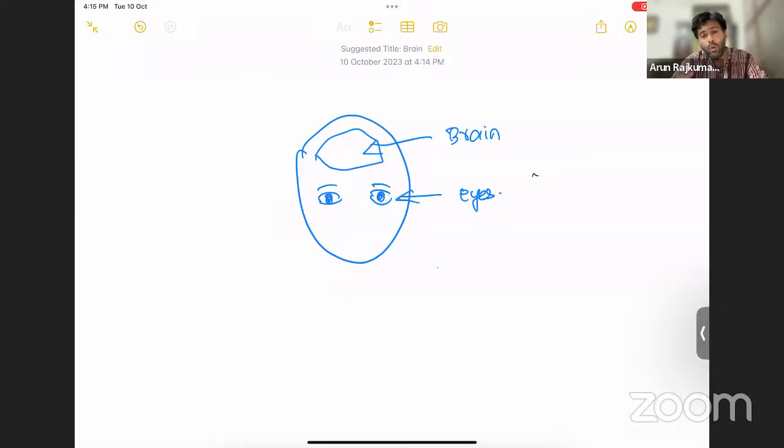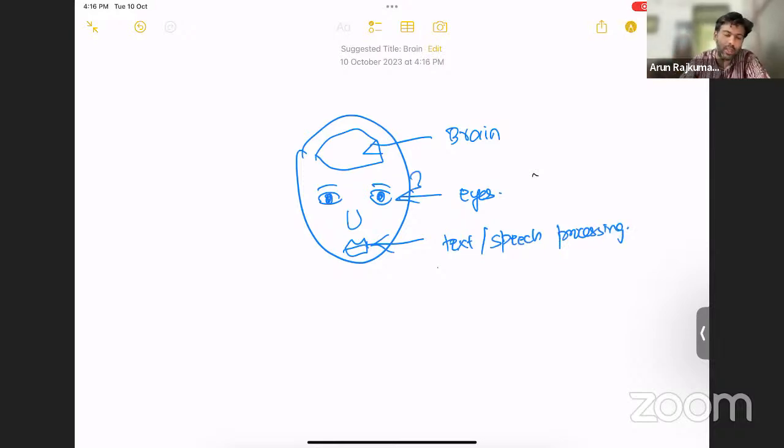So now we want to teach machines to do these tasks that the eyes are doing for us, or the brain is doing for us, right? Or not just the eyes and brain, or even the mouth, right? So now we want to do text/speech processing. That's what the mouth does. It speaks, and then the ears hear.